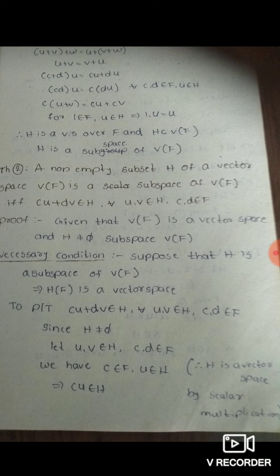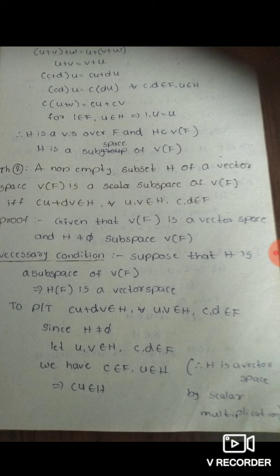We have C belongs to F, U belongs to H. By scalar multiplication, since H is a vector space, by the definition of vector space, scalar multiplication is already satisfied.